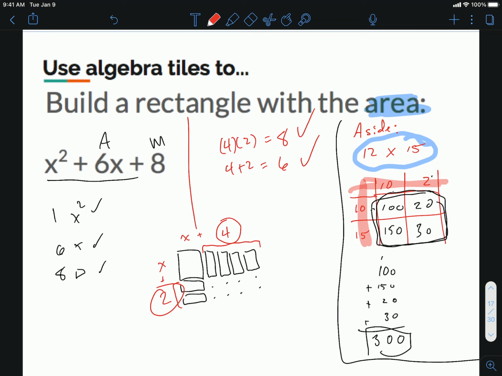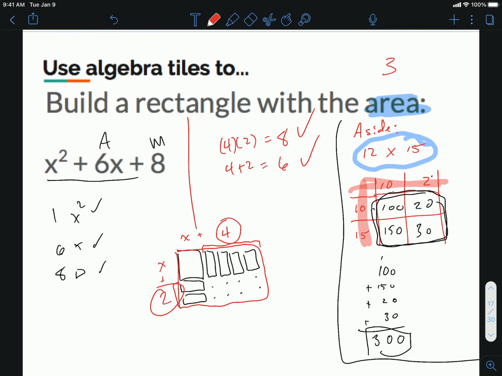And what you're doing is you're trying to represent that as an area. Okay, it's good that I showed you this, because we saw how if I just told you what the area was, like 300, that's a hard concept.